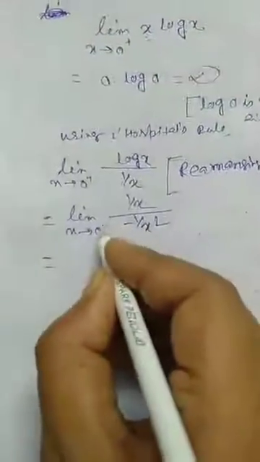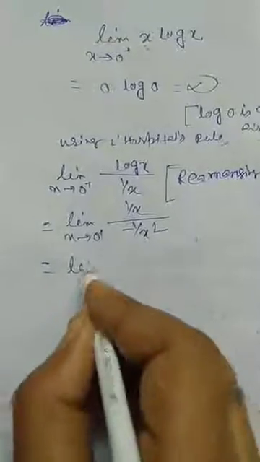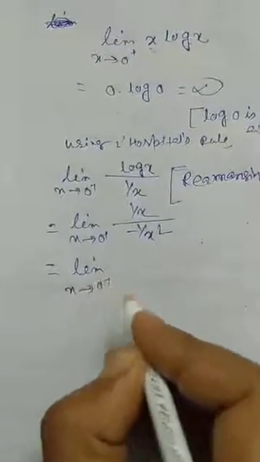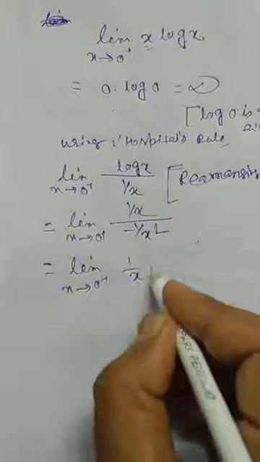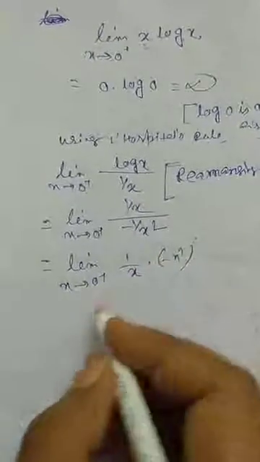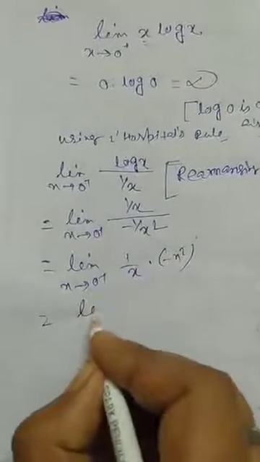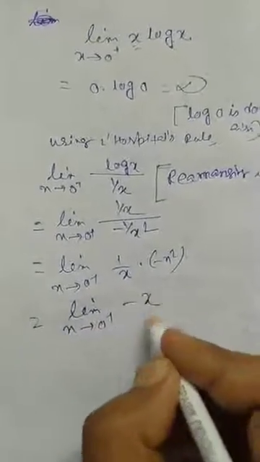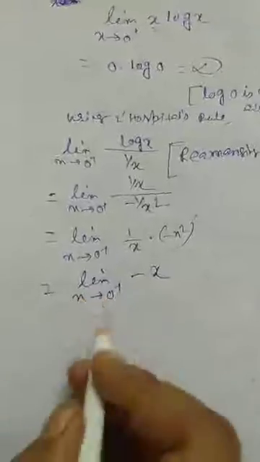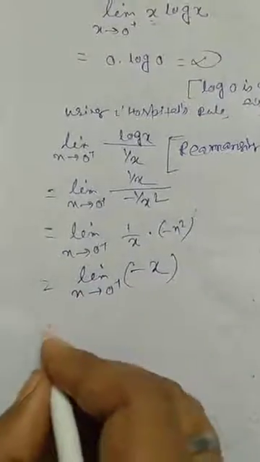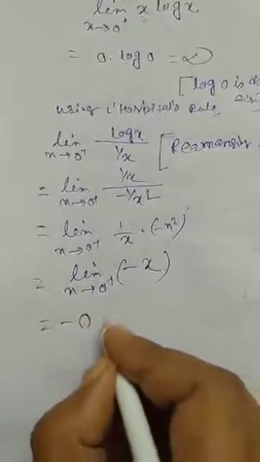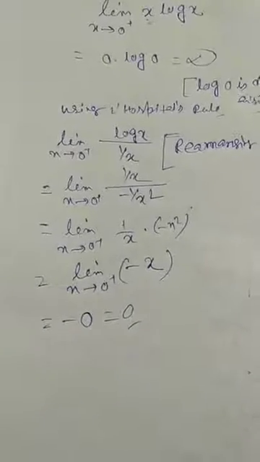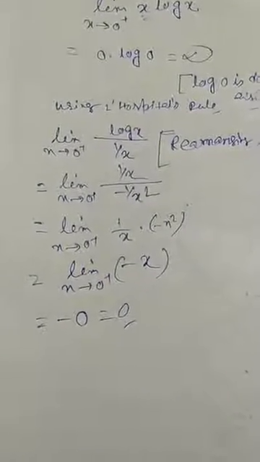This is equal to limit x tends to 0 plus 1 by x into minus x square, and this is equal to limit x tends to 0 plus of minus x. Now simply we put x is equal to 0 and this is equal to minus 0, that means 0. 0 is the answer.